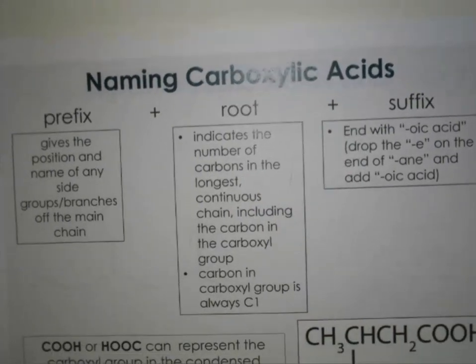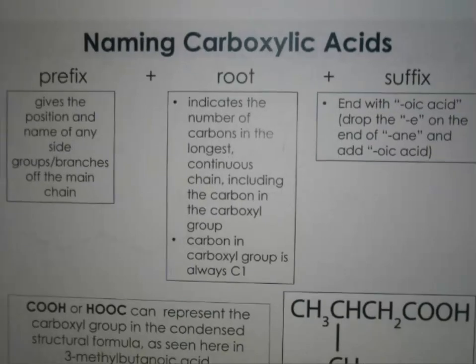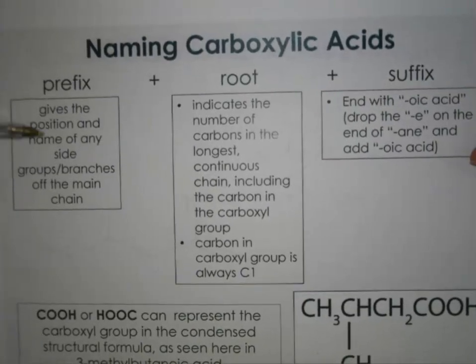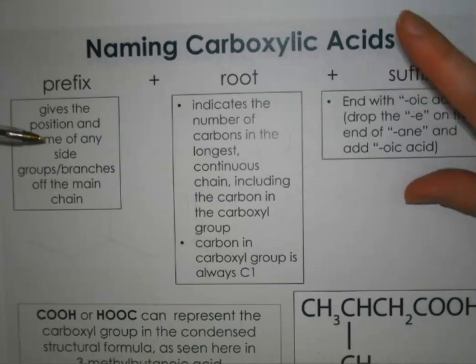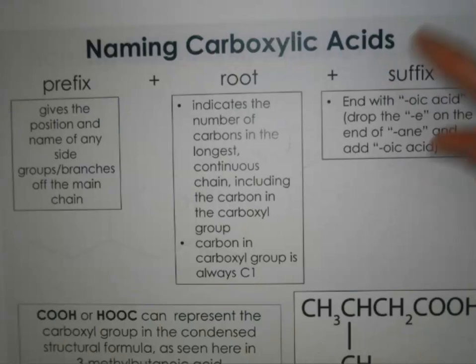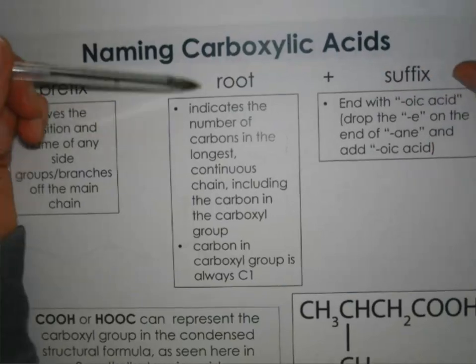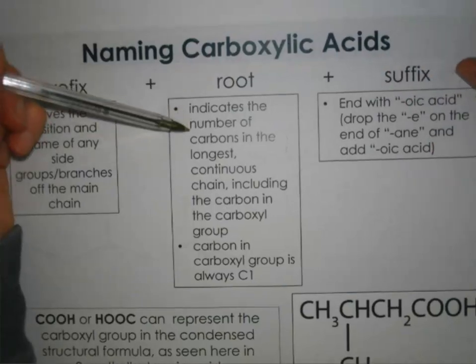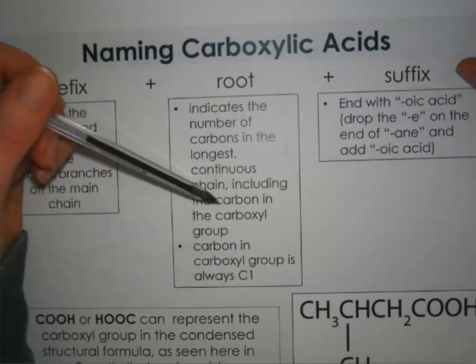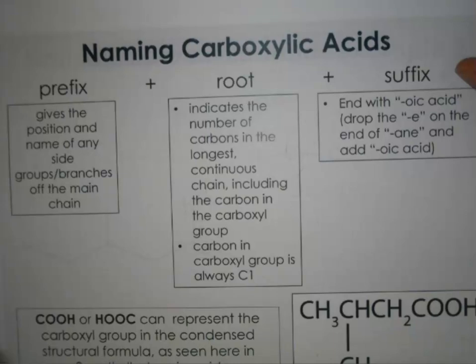Okay, so in terms of naming carboxylic acids, if you have any side branches or groups off the main chain, your prefix is going to give that. Now, technically, you shouldn't have more than one functional group in a carboxylic acid, so you probably won't have to worry about this in any of your questions, for sure not in a test. The root is always going to indicate the number of carbons in the longest continuous chain that includes the carbon in the carboxyl group, okay?